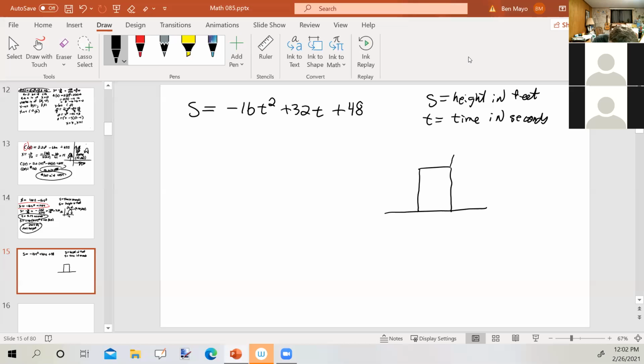So the ball is thrown, it reaches a maximum height, it comes down and hits the ground. So this would be the vertex, t, s. This would be what? The x-intercept, which would be t, 0 height. Isn't something on the ground 0 height above the ground?